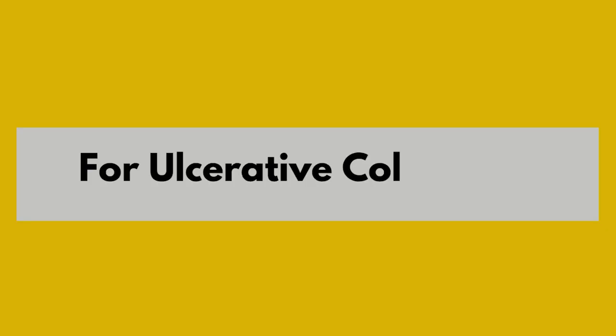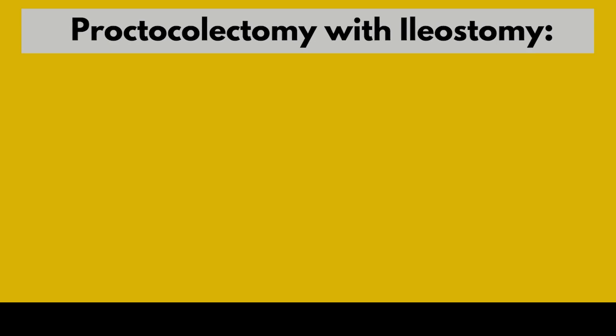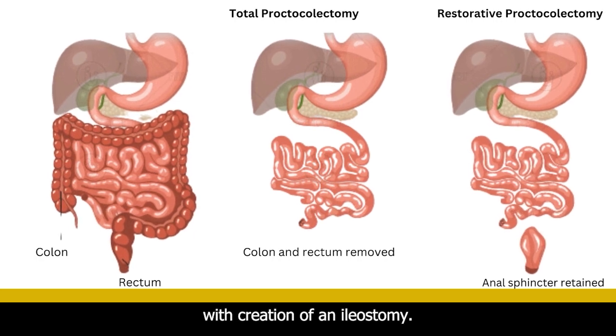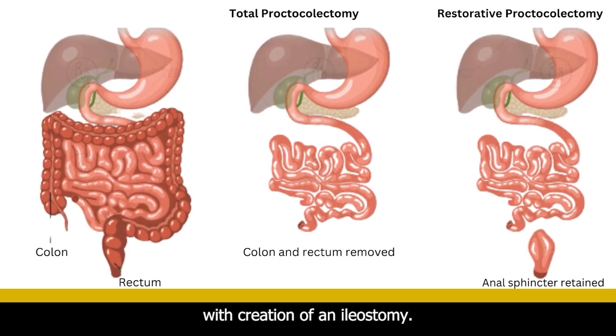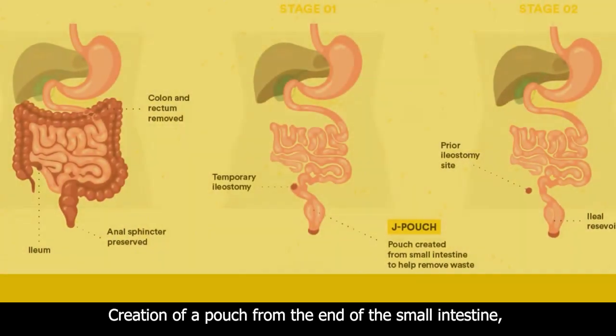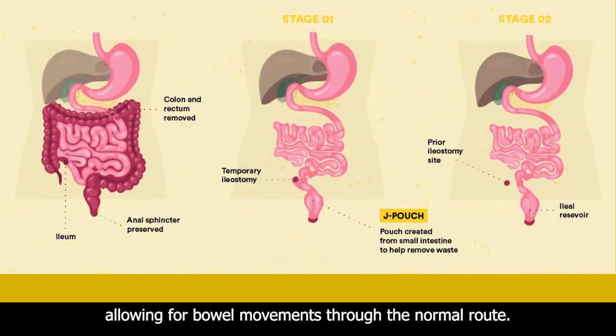For ulcerative colitis, there are proctocolectomy with ileostomy, removal of the colon and rectum with creation of an ileostomy, and J-pouch surgery, creation of a pouch from the end of the small intestine attached to the anus, allowing for bowel movements through the normal route.